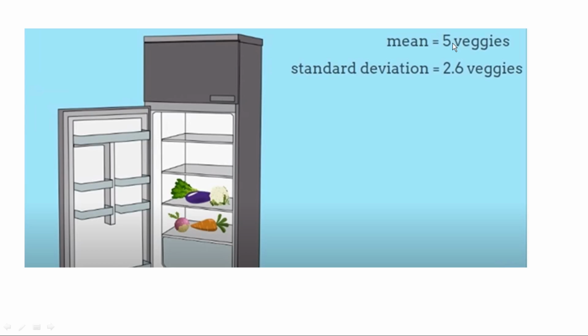The 5th person has 9 vegetables, which is also a great difference, of 4. But with the standard deviation of 2.6, for the first individual with 2 vegetables, 2 and 2.6 is not a big difference.